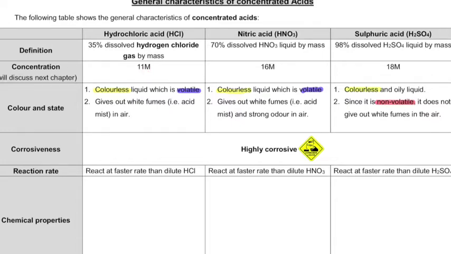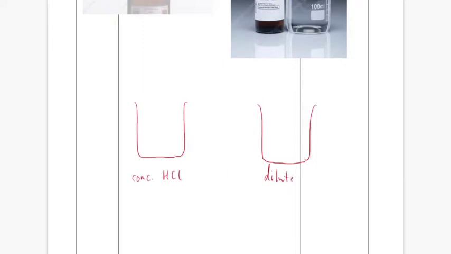For this unit, I want you to have a brief idea. Suppose we have a beaker of concentrated hydrochloric acid, and a beaker of dilute hydrochloric acid.